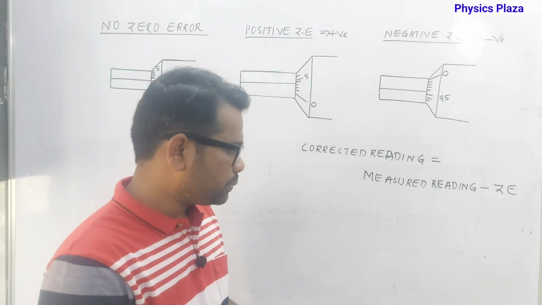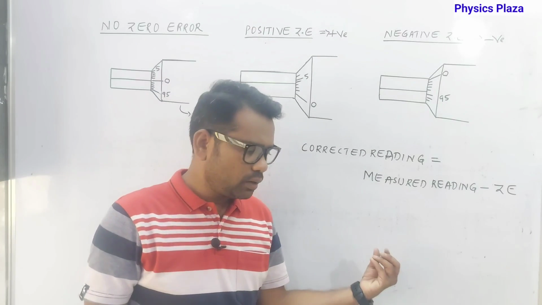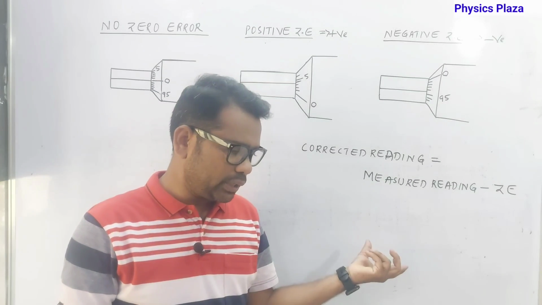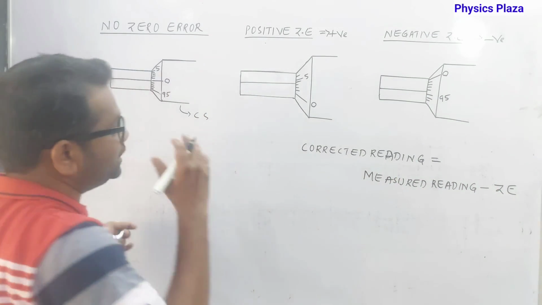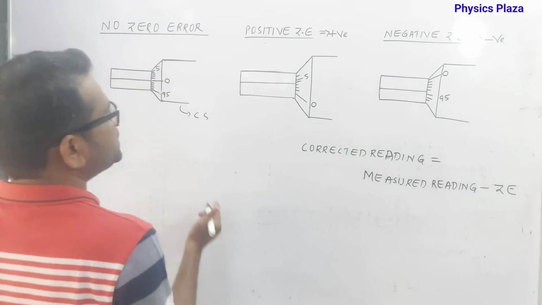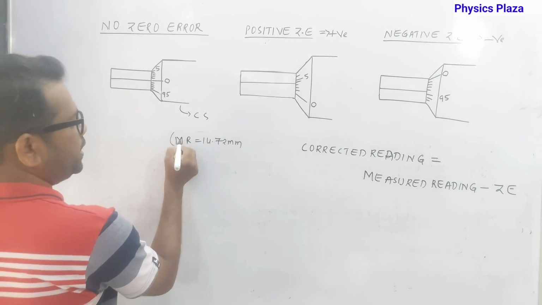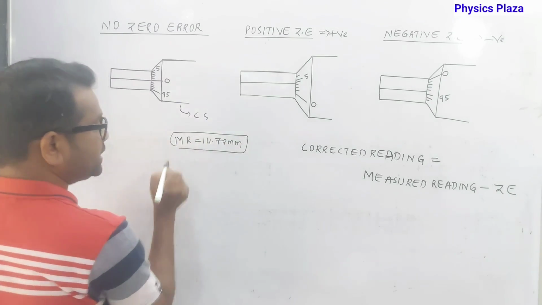For suppose, children, in the previous numerical we got some value, let us say 14.72 millimeter, for example. I don't remember exactly which value we got. So let us say the measured reading which we got is 14.72 millimeter.